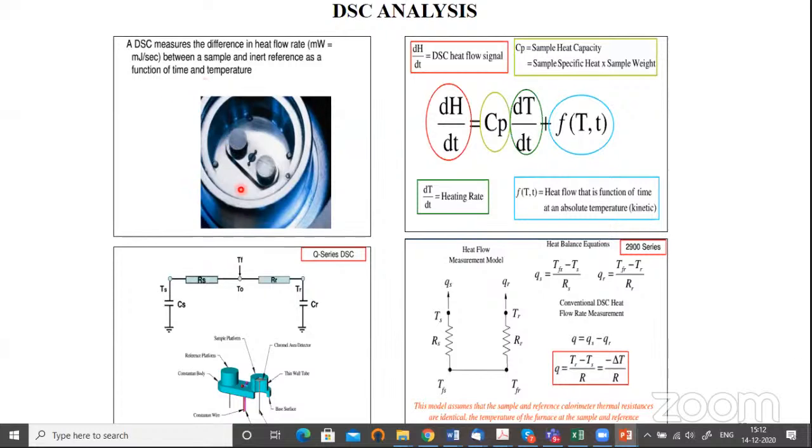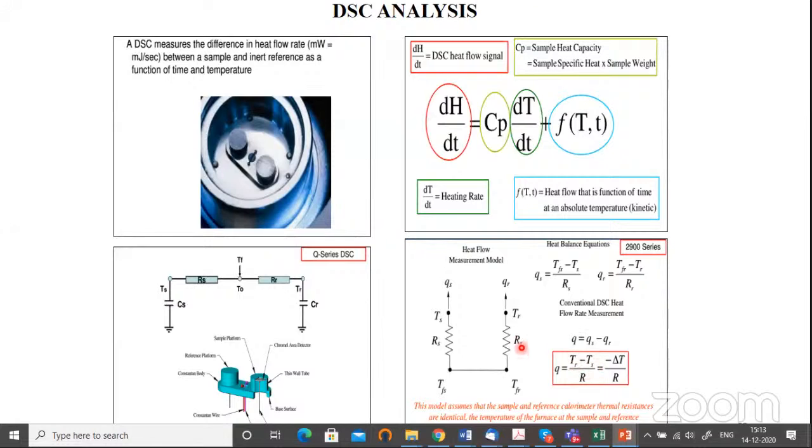This is the DSC, which has two plates. One is the sample and another one is the reference, and the sample is the material to be characterized. And then you find out the difference between the two temperatures, the reference and the sample.